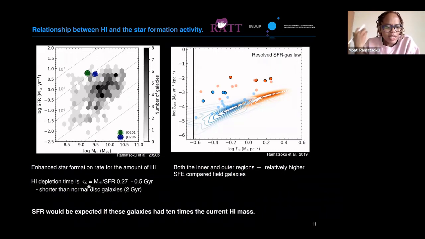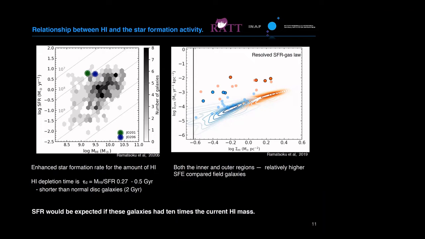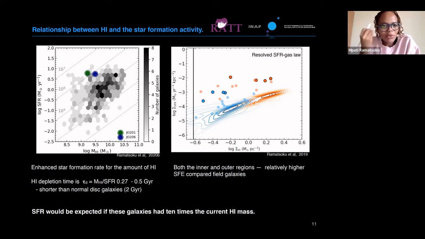We find that the H1 depletion time to form these stars is around 0.2 to 0.5 gigayears. The H1 depletion time is the time it would take for a galaxy to, well, basically deplete its H1 if it's forming stars at a certain rate.